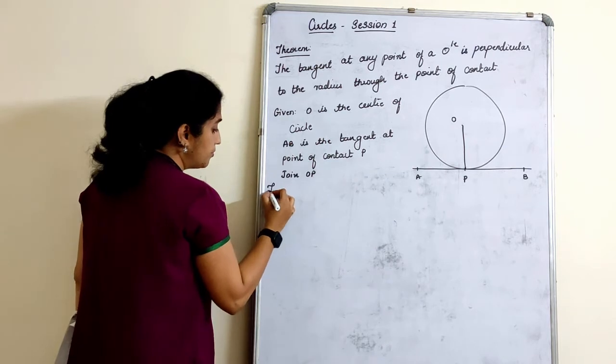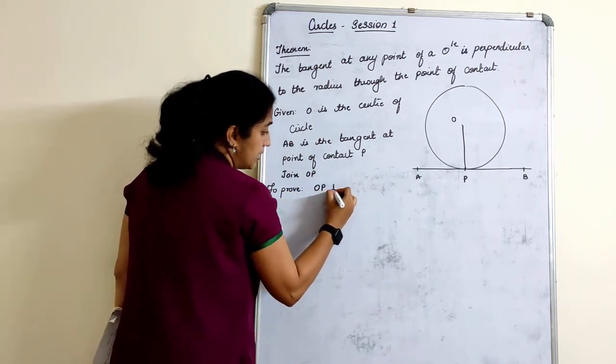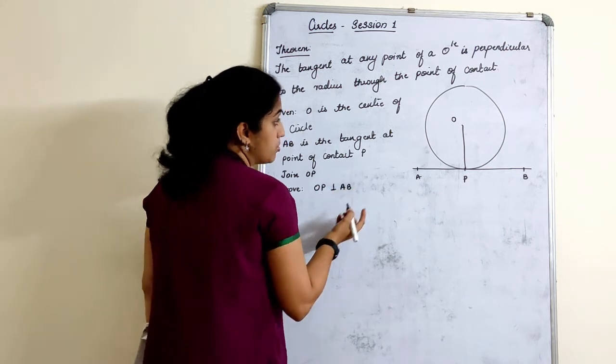What we have to prove? We have to prove that OP is perpendicular to AB. That is what we have to prove, right?